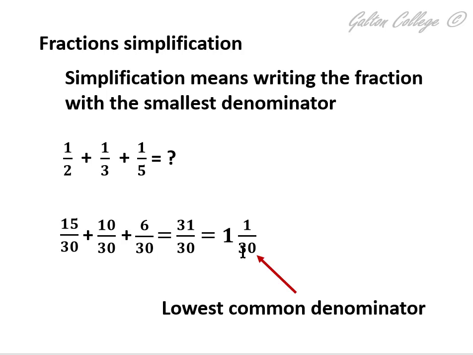Now if we try to find a smaller number, say 15, 2 won't go into 15. Well, it won't go in without a remainder. It goes in 7.5 times, so it's no good to us. 3 will go into 15, 5 will go into 15, but 2 won't. So 30 is the smallest common denominator. It's the lowest common denominator.